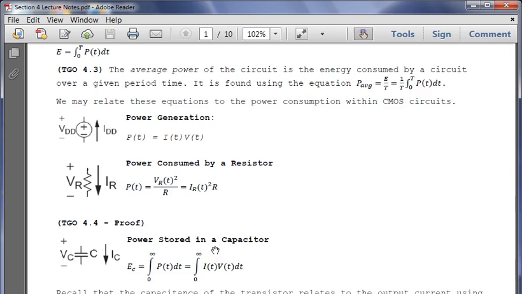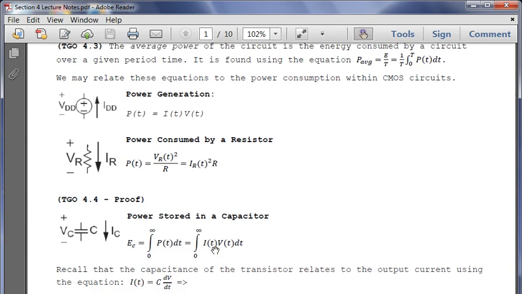Applying that to our energy equation, where in this case it's 0 to infinity, to some arbitrary time frame, integral of P(t) dt. We substitute i(t) V(t), and we have the current times C dV/dt. So then, does everybody have 4.3?